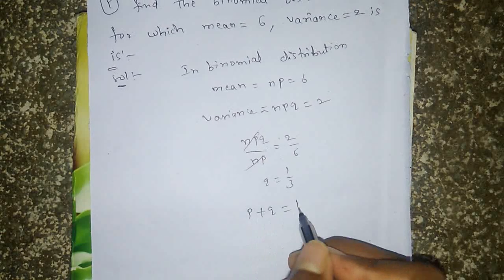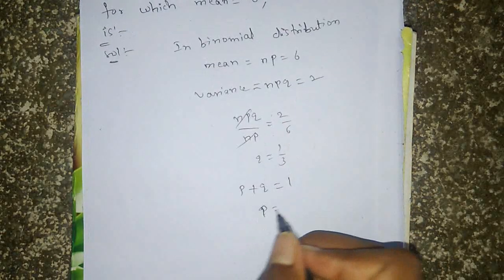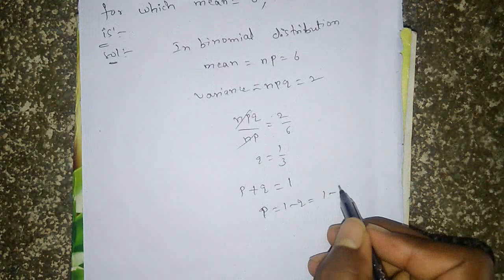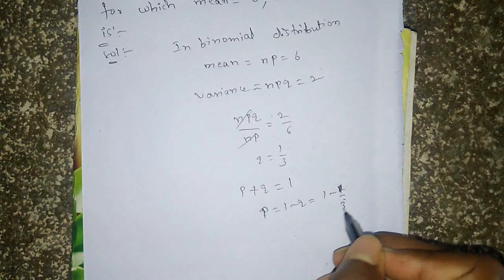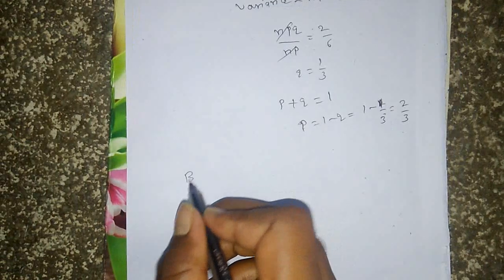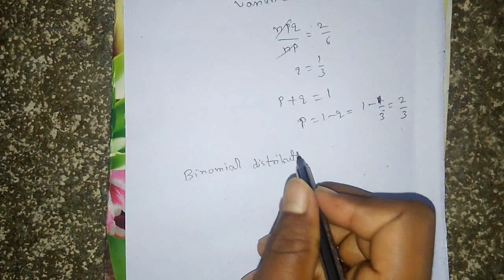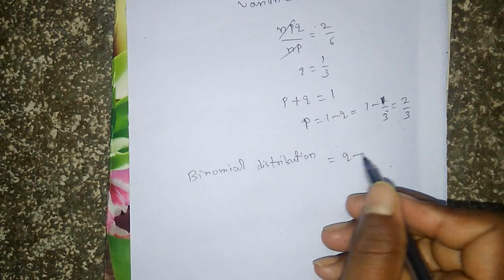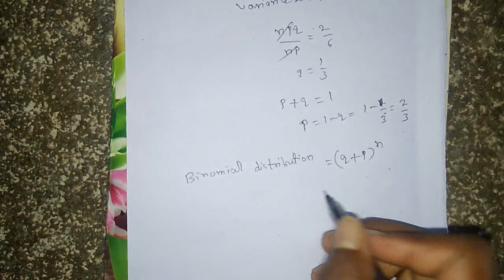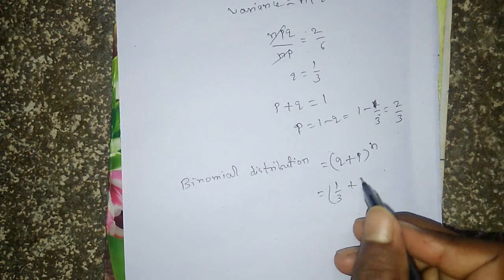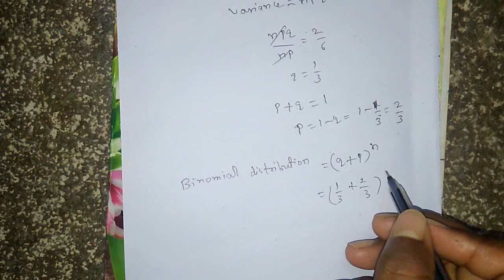In a binomial distribution, p plus q is equal to 1, which implies p is equal to 1 minus q, that is 1 minus 1 by 3, that is equal to 2 by 3. So the binomial distribution is given by (q plus p) power n, that is (1 by 3 plus 2 by 3) power n.